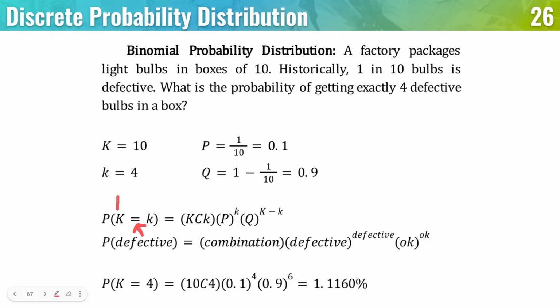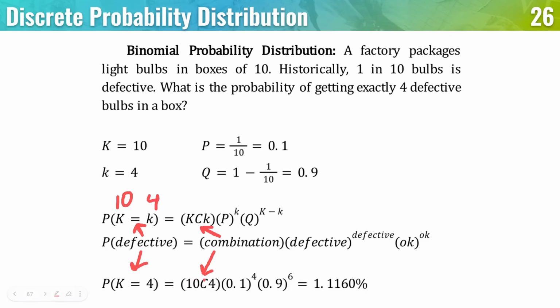So out of 10, we're checking how many will be defective. So if 4 out of 10 will be defective, that's the probability we will be looking for. Next is the combination. So capital K choose lowercase k is going to be 10C4.